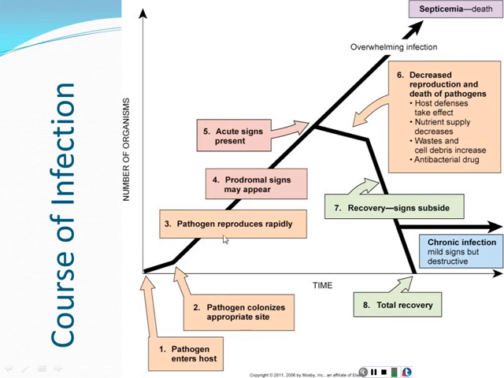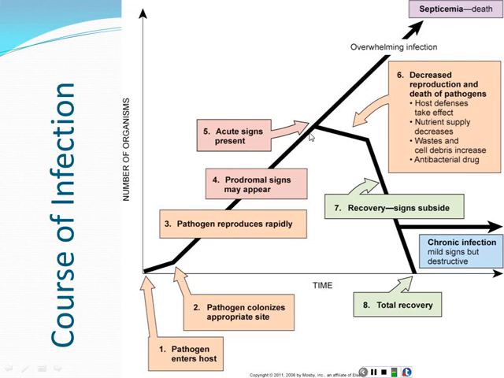At some point, the presence of those pathogens are going to trigger some systemic inflammatory response. So those chemical mediators that we talked about on our second day in here will start triggering things like low-grade fever, malaise, where you just don't want to do anything. Oftentimes muscle aches and pains go with this prodromal period.